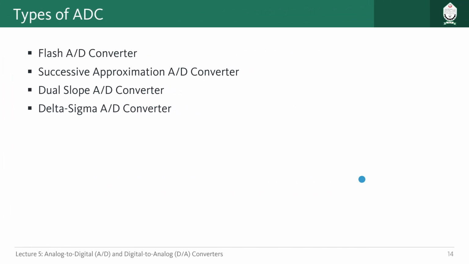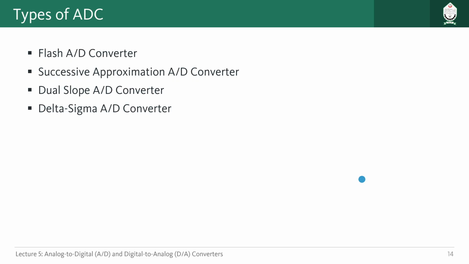Okay, now we will look into some types of ADCs that are actually implemented and manufactured in our everyday life as analog to digital converters. Some of them are flash ADC, then successive approximation ADC. There is another one, dual slope ADC, and finally delta sigma ADC.